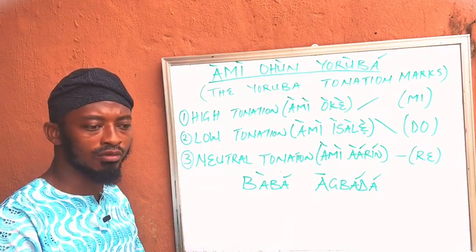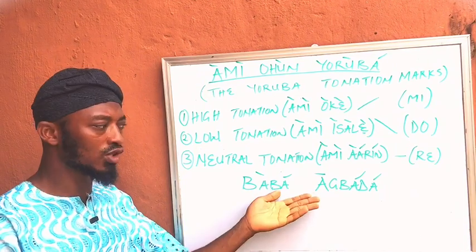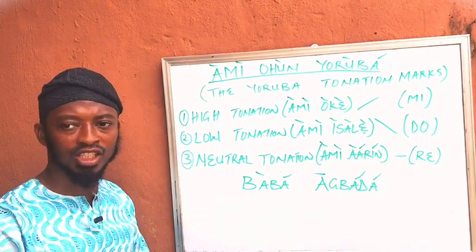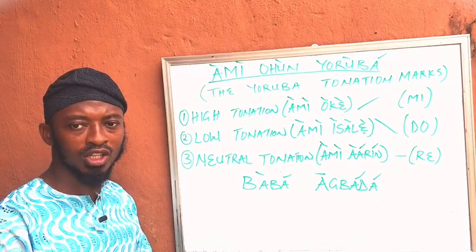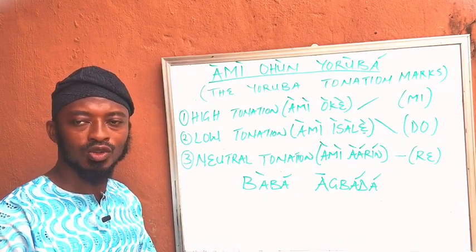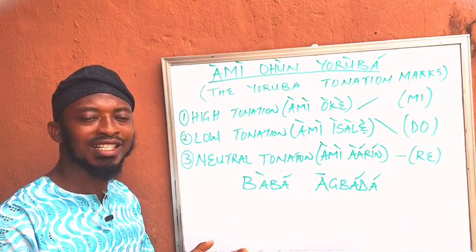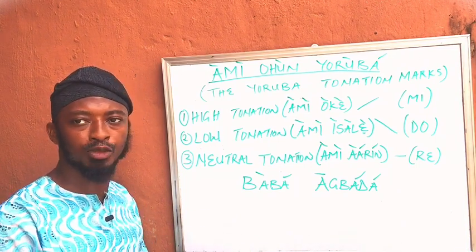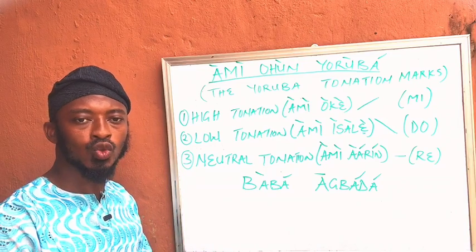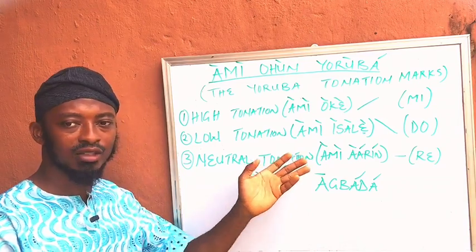Because if you write any word in Yoruba language without putting the tonation mark on it, oftentimes those words don't have any meaning. Because when I was talking about homographs, we have some words that can be written the same way but have different pronunciation. What will now help you to know the pronunciation to use is the mark that is put on it.